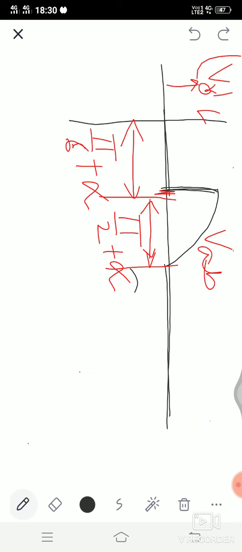This alpha shows the firing for the next thyristor T2. But the alpha is remaining the same for all the thyristors, so that is why it is kept as alpha. So what are the limits? Limits are pi by 6 plus alpha to pi by 2 plus alpha. This is the lower limit and this is the upper limit.